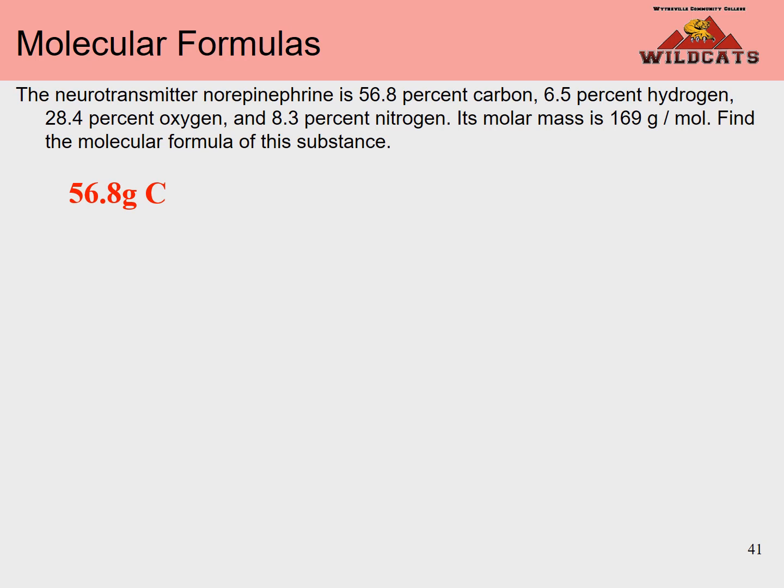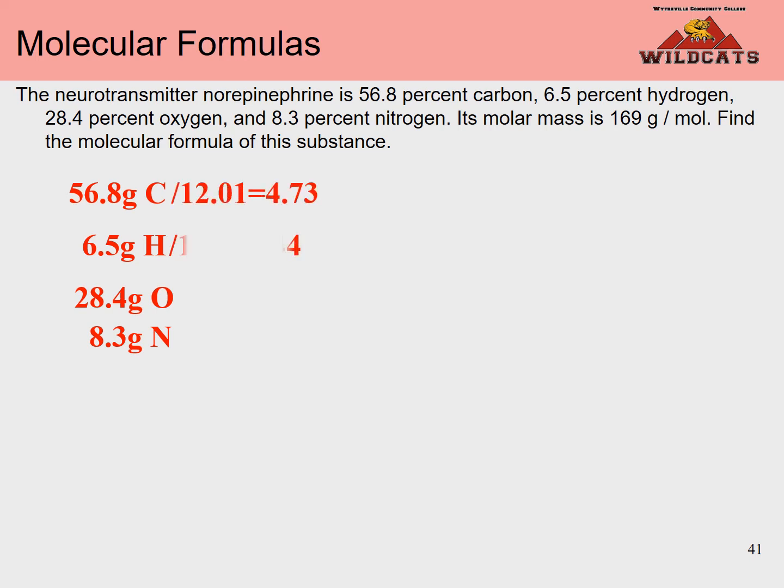So all I'm going to do with the percent is just turn it into grams. Then I'm going to divide each one by its molar mass. And then I need to find the simplest whole number ratio. So my smallest is 0.59.